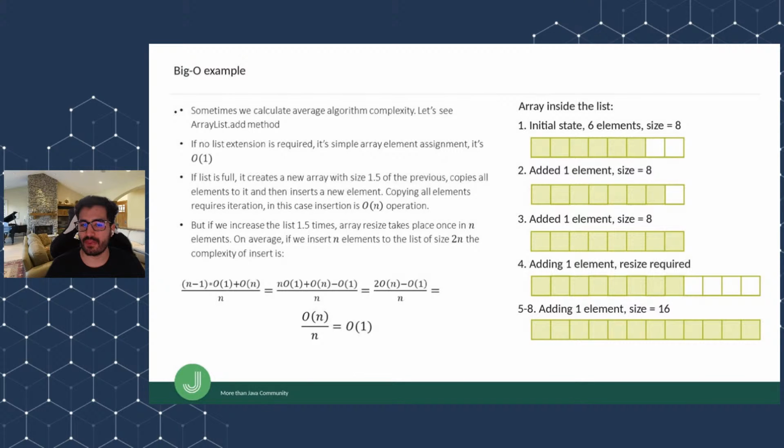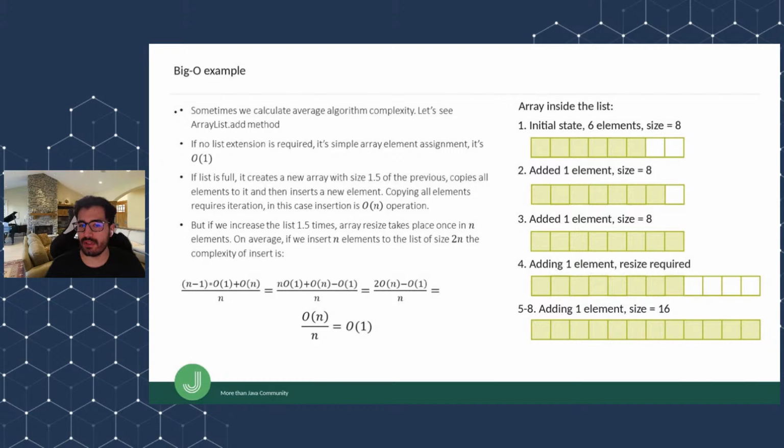And it copies every element that was there before into this newly created list. Then it allows us to keep adding elements. So after everything is copied over to the newly created list, we can continue adding elements, returning O(1) constant time again.